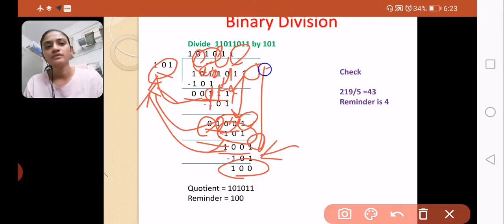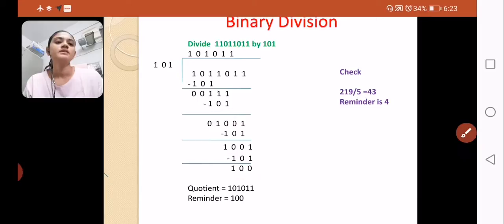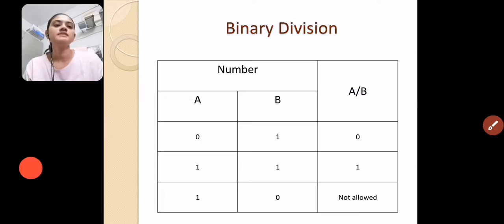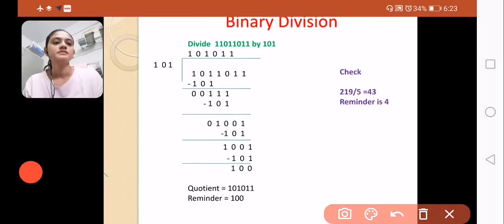Now here no digits are available, so we cannot go further, right? So this will be known as the remainder, and whatever is here is the quotient.